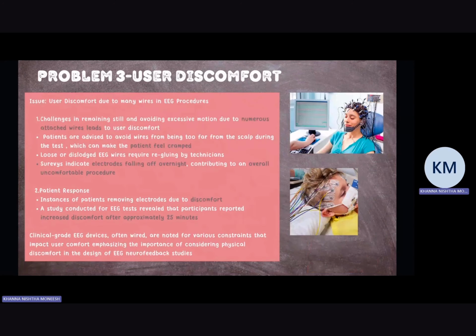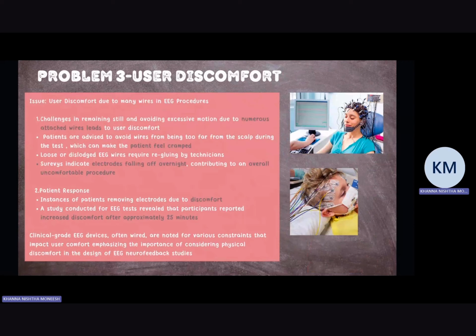The third problem is user discomfort due to many wires used in EEG procedures. Challenges in remaining still and avoiding excessive motion due to numerous attached wires lead to user discomfort. Many patients are usually advised to avoid wires from being too far from the scalp during the test, which can make the patient feel cramped and uneasy.